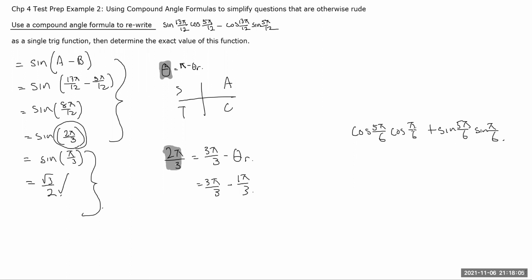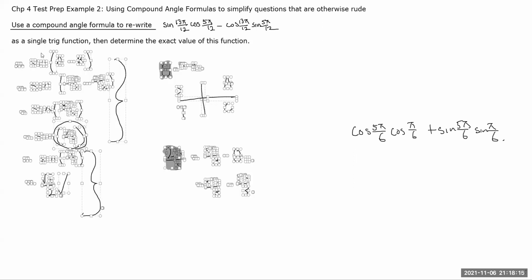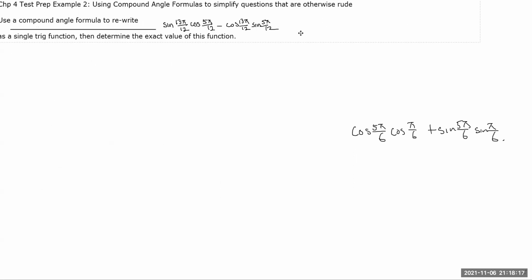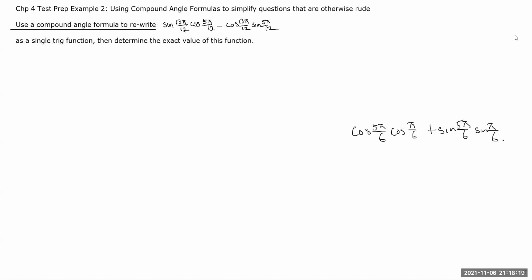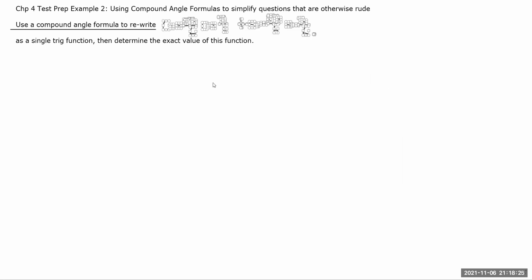Being worth 2 marks, I expect you to be able to do this within 2 to 3 minutes. You shouldn't waste more time doing it. So here it is. Use a compound angle formula to rewrite what I wrote here as a single trig function, and then determine the exact value for this function. Pause the video, give it a shot now. You have 3 minutes.